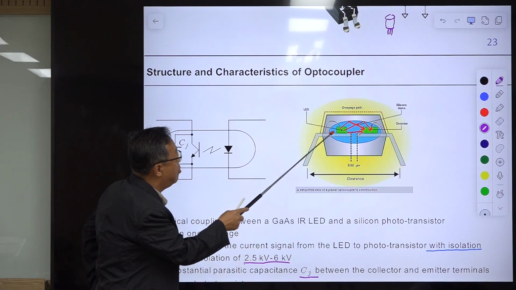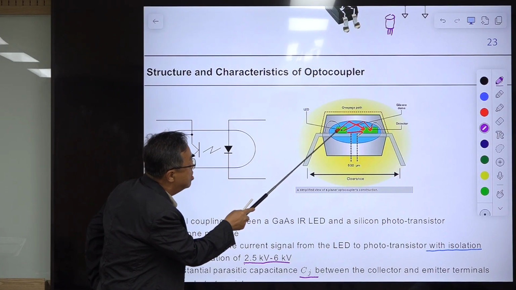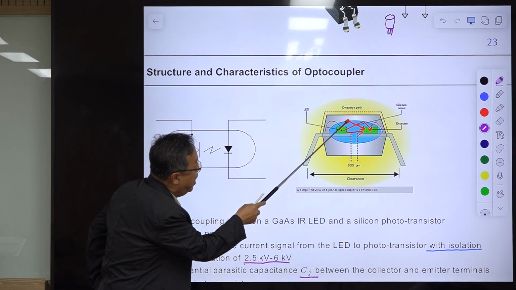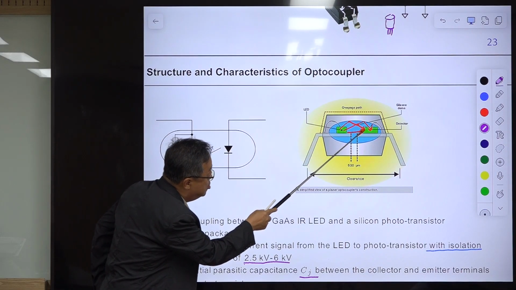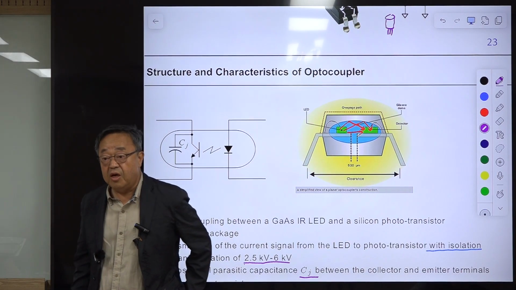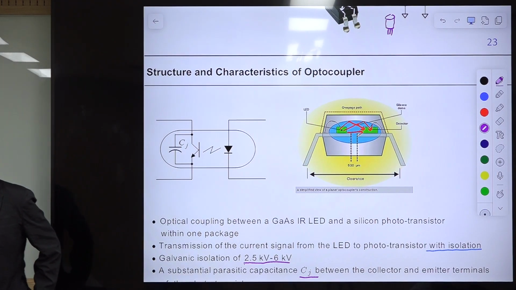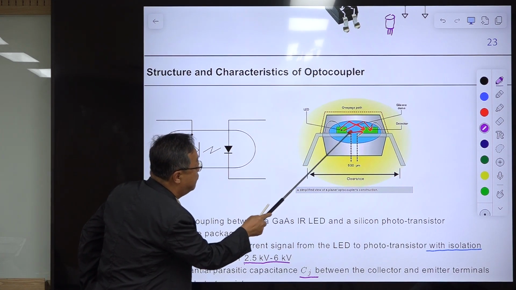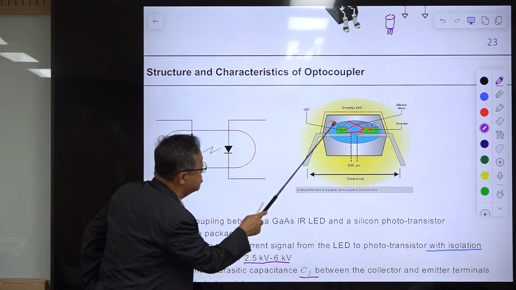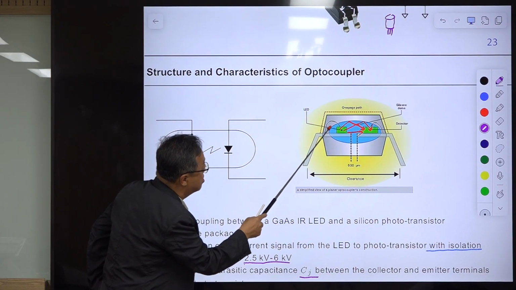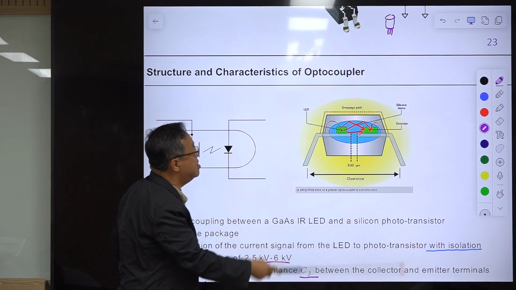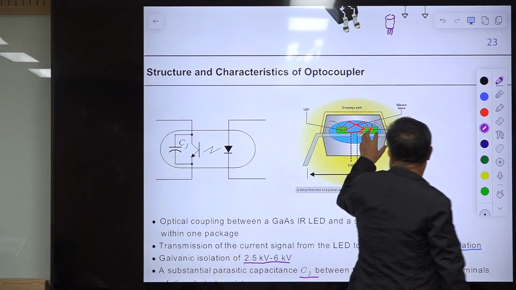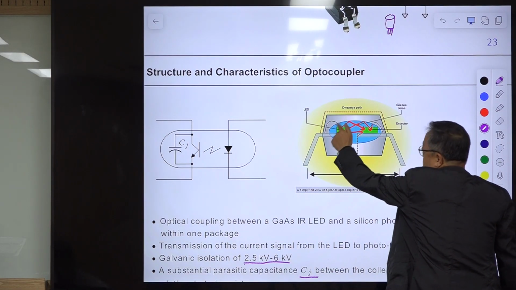With some current, photons come out, go in this direction, are reflected to here, and reach the base area of the phototransistor. To have the maximum light efficiency of the photons, there is this elliptical structure, which maximizes the receiving of the photons from this source.